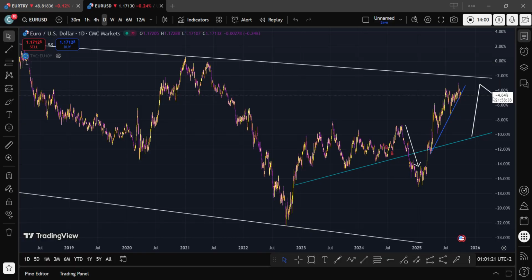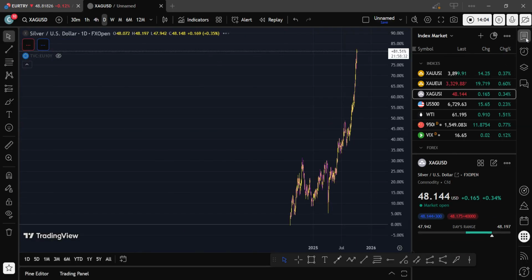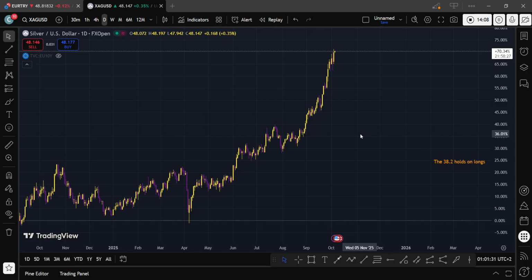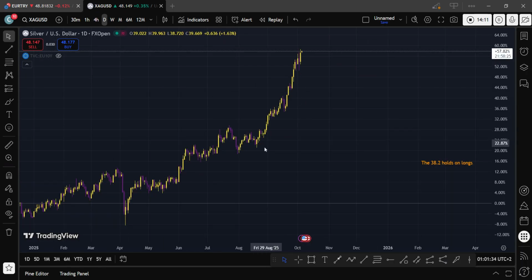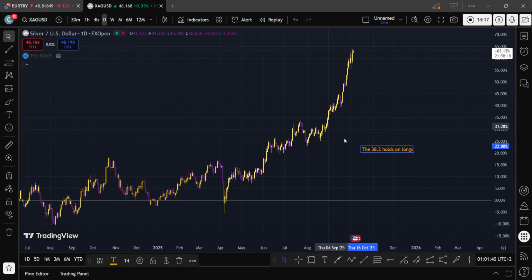Let me show you silver so that we can talk about the negative swap that we can see. I've been telling you guys, I think it was down here, to buy silver because there was an interest rate cut that was introduced by the US, so the currency pumped.